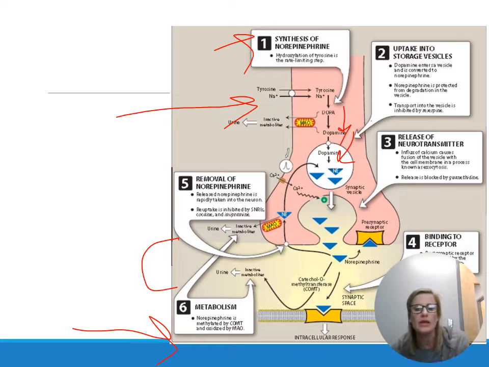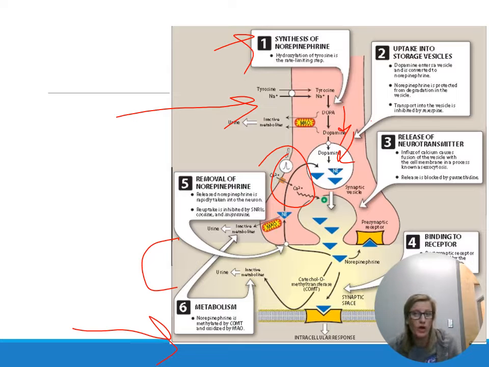Next, for number 3, you can see the release of norepinephrine. So when the neuron is stimulated and an action potential comes down the axon, gets to the synaptic terminal, that opens up voltage-gated calcium channels. You can see right here, calcium enters into the neuron, and that calcium is what causes the release of norepinephrine.